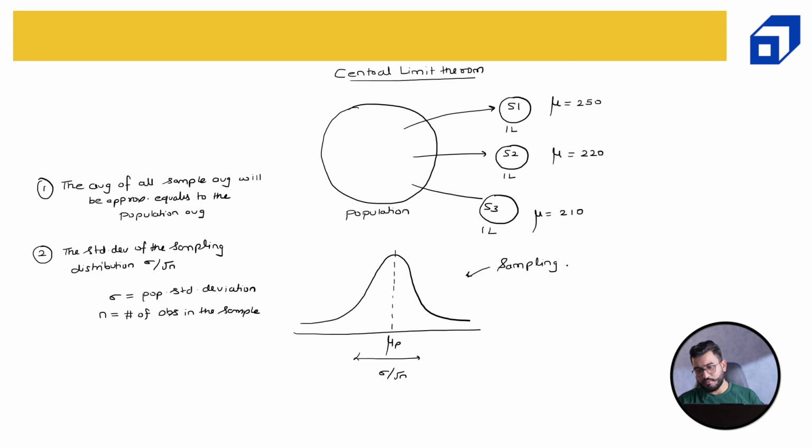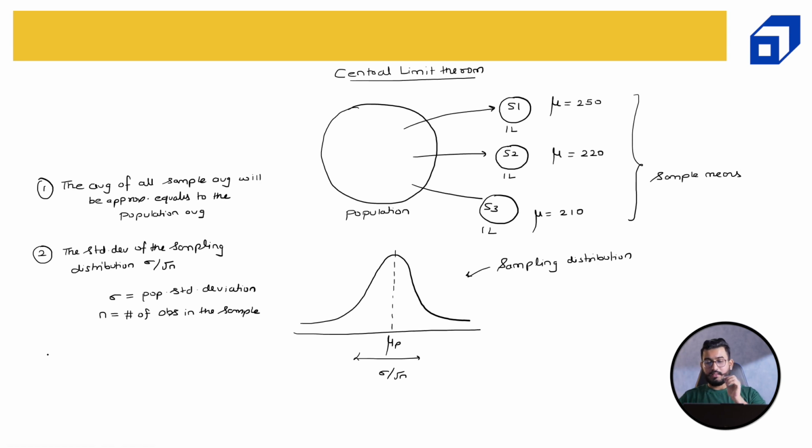Why sampling distribution? Because we have obtained it using the sample means. Now, the central limit theorem states that the average of all these sample means will be closely equal to the population mean, and the standard deviation of the sampling distribution is sigma divided by root of n, where sigma is the population standard deviation and n is the number of observations in the sample.